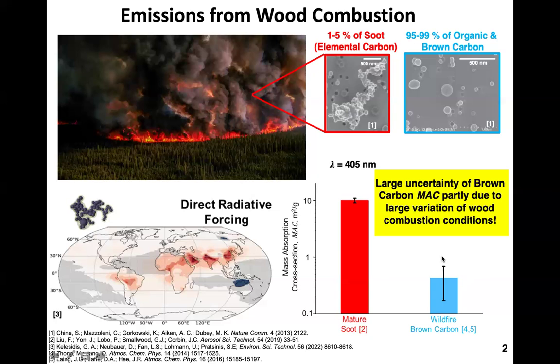This uncertainty can be attributed, at least partly, to the large variation of the wood combustion conditions during a wildfire. So here we are going to connect the wood combustion conditions to the light absorption of brown carbon to assist global climate models to estimate accurately the climate impact of brown carbon emissions from wood combustion.